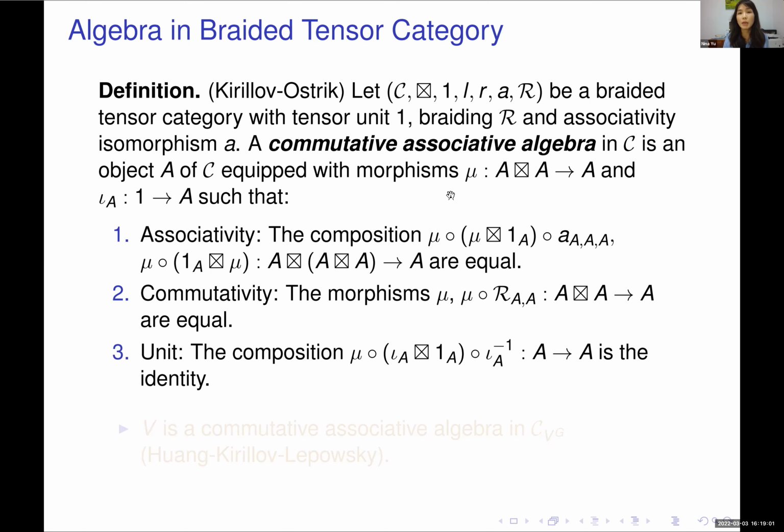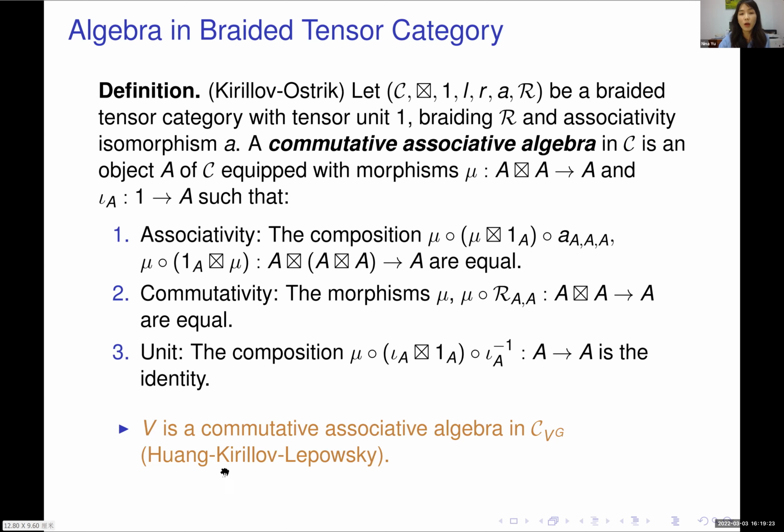Then we say that this is a commutative associative algebra in the sense of category. This is different from the usual sense when we say an algebra like a VOA.